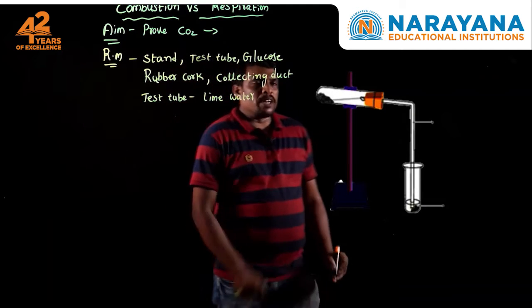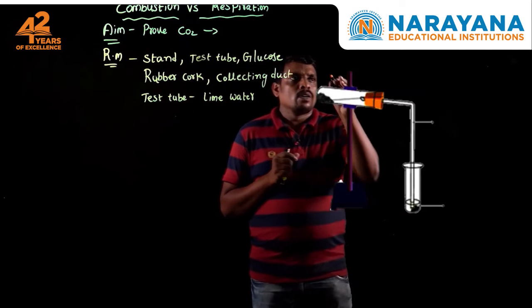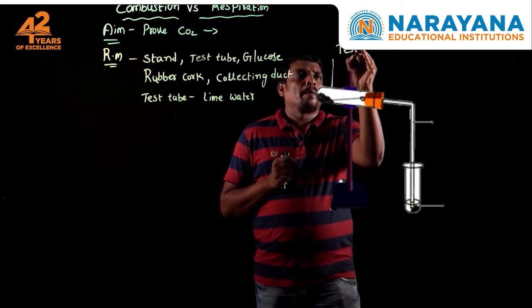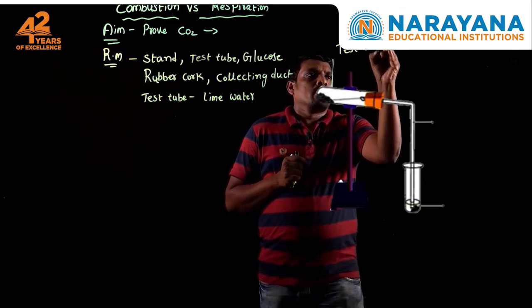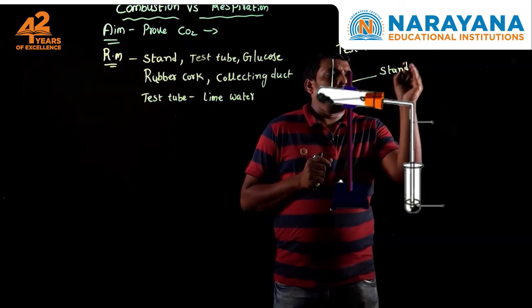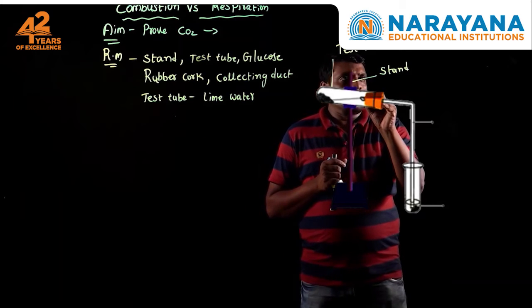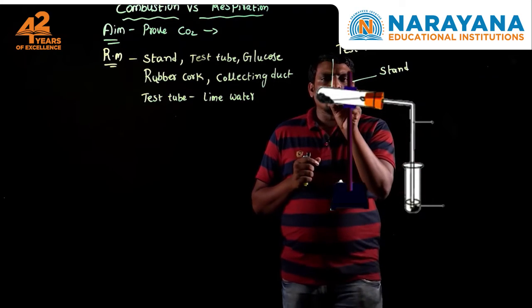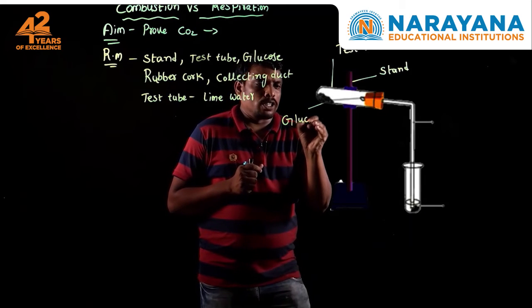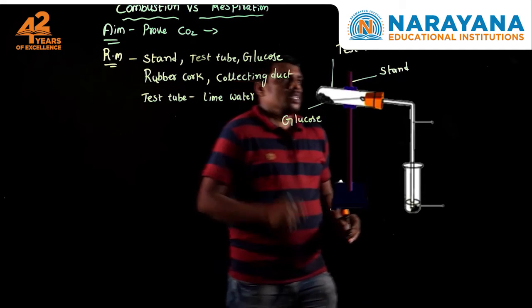Now let us mention the parts in the diagram. So this one is the test tube, whereas you can see the stand, and you can see the glucose solution which is taken inside this test tube. I took the glucose or starch.